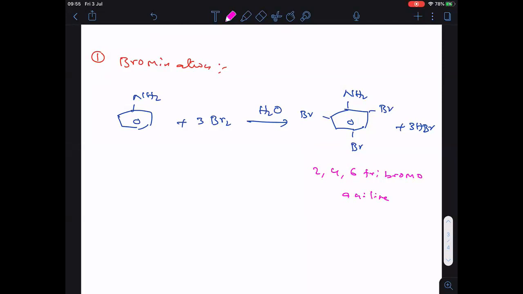Okay, and remember here 3 bromines are there. 3 bromines are substituted. So it is called the tri-substituted product.